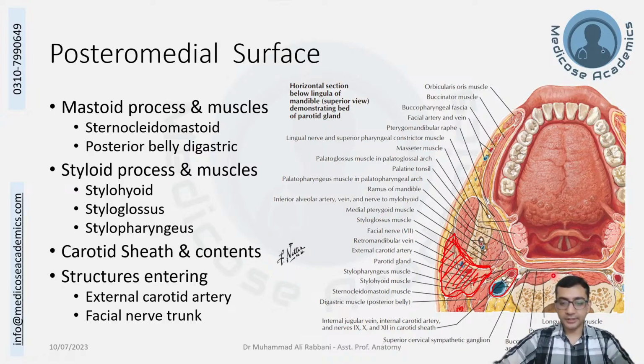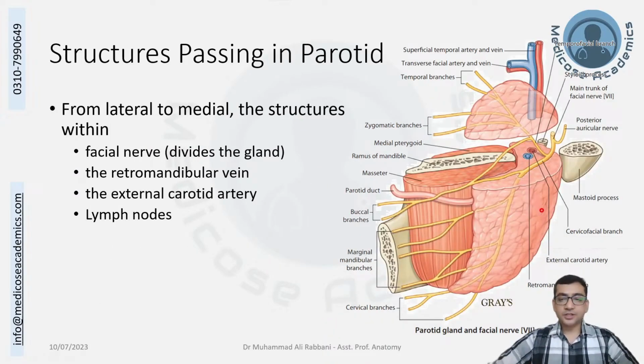So this is all about the relations of the parotid gland, the anteromedial relations, the posteromedial relations, and the posterior relations of the parotid gland. Structures passing through the parotid gland include the facial nerve itself and its branches, that form the pes anserinus. We talked about that in part 1 of this lecture.